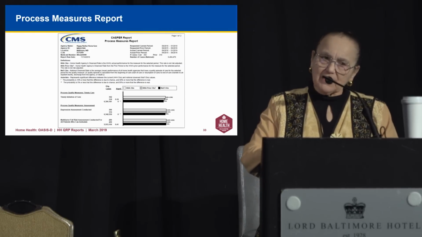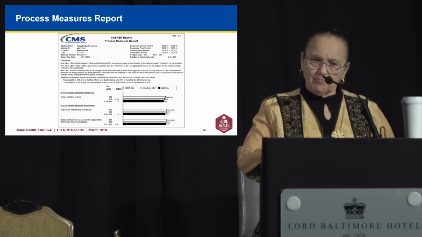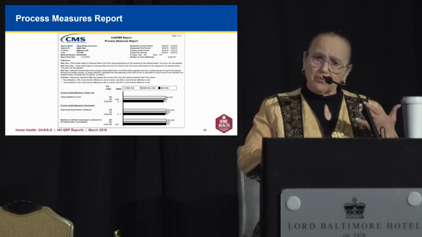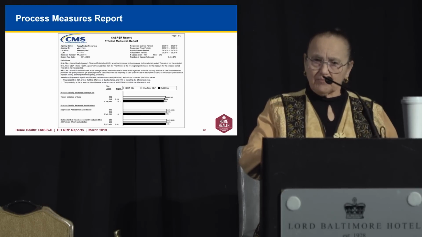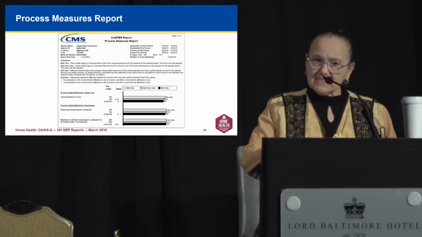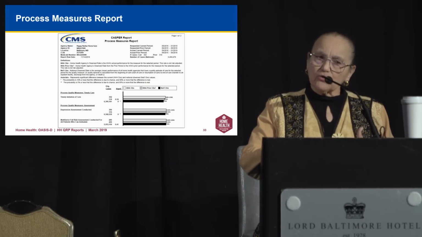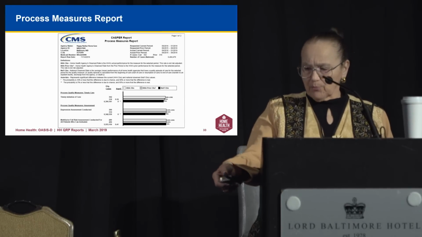It's a thumbnail look for this particular measure. Am I doing better or worse than the previous period? And how does that performance compare to the national observed rate? If you're not doing well, you don't have enough, then you're going to see where your areas are that you want to focus on improvement.